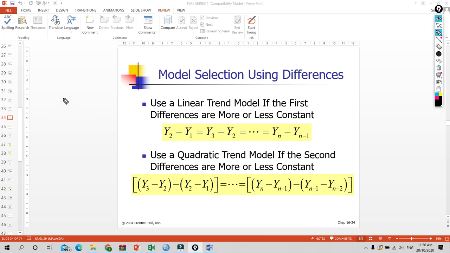So I put this now. We have y1, y2 up to y6, isn't it?